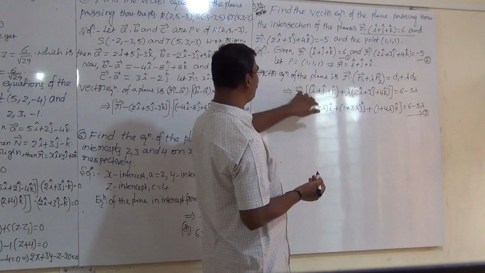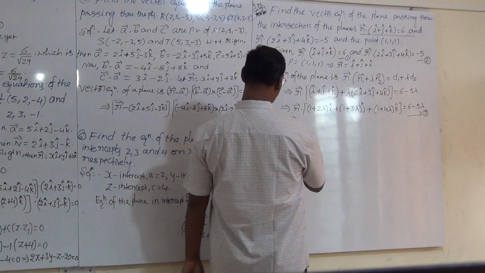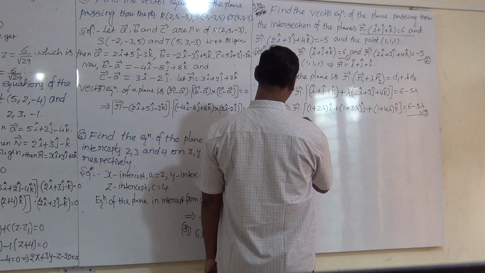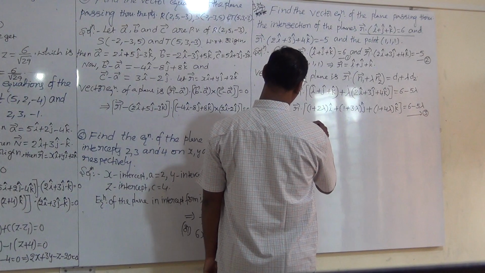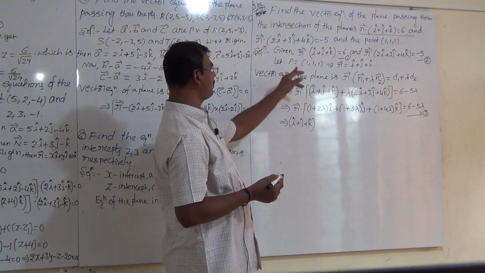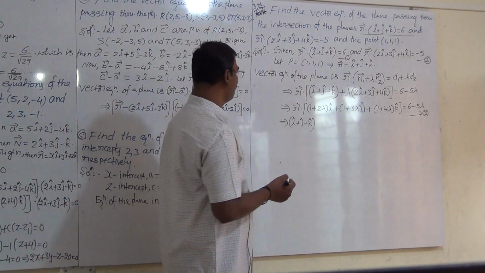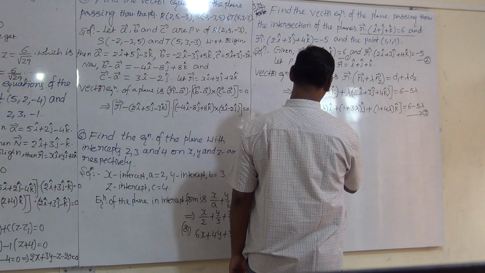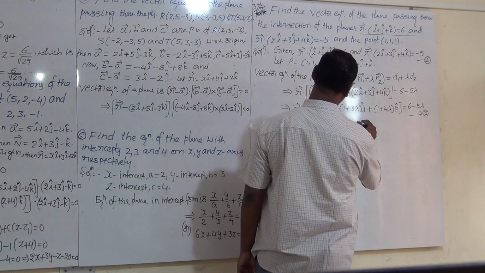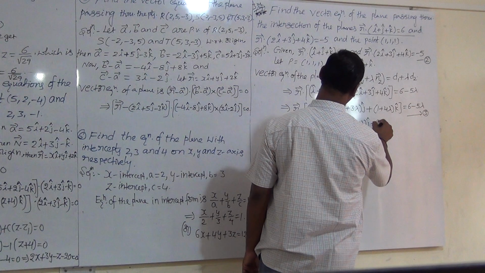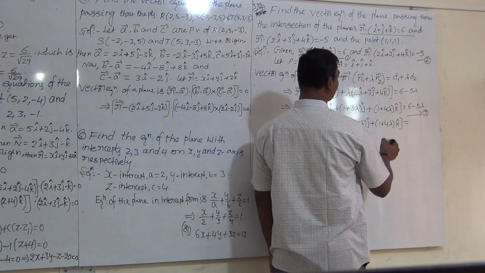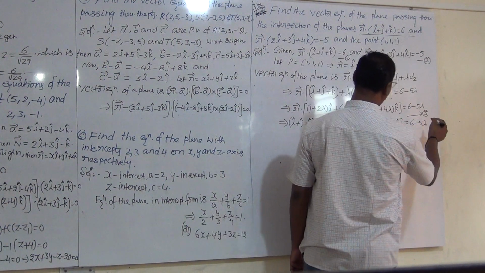Hereafter substitute the point directly here. So r bar value becomes i bar plus j bar plus k bar, which are the actual x into i plus y into j plus z into k. x, y, z are already given as 1, 1, 1. Dot (1 plus 2 lambda) into i plus (1 plus 3 lambda) into j plus (1 plus 4 lambda) into k equals 6 minus 5 lambda.